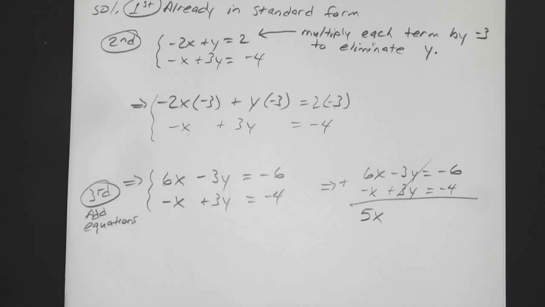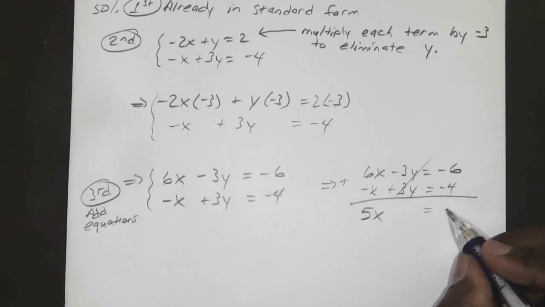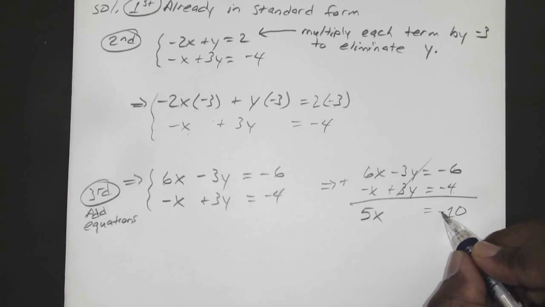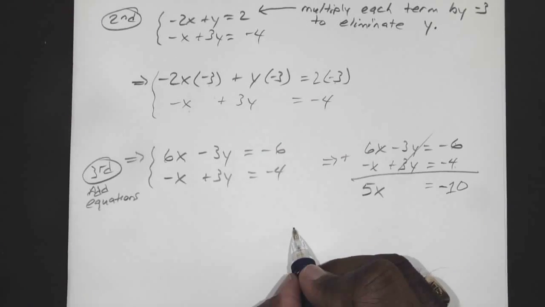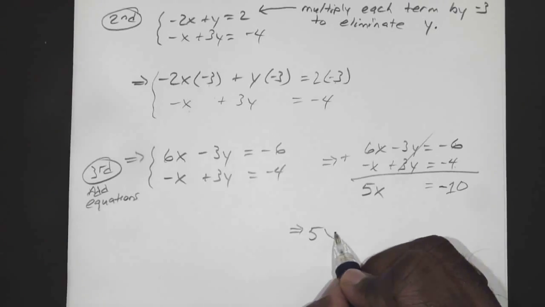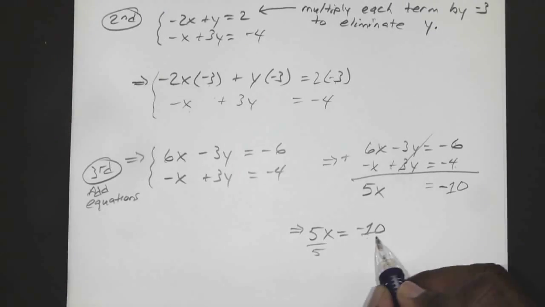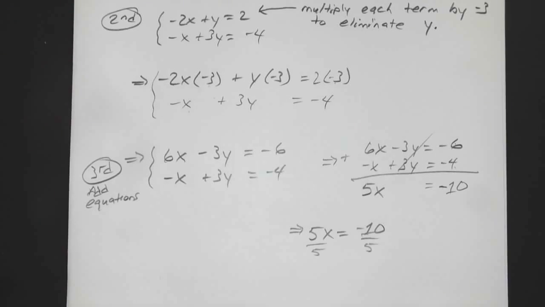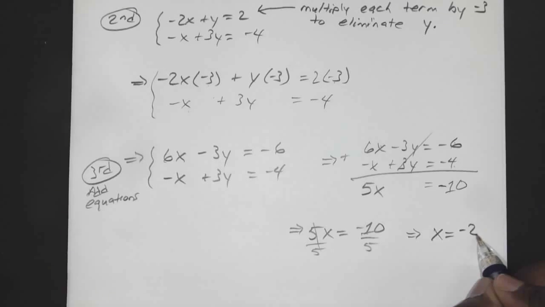They cancel each other out and become 0 once you add them together. So negative 6 plus negative 4 is negative 10. Okay, so we end up with 5x equals negative 10, where if we divide both sides by 5, we have x equals negative 2.